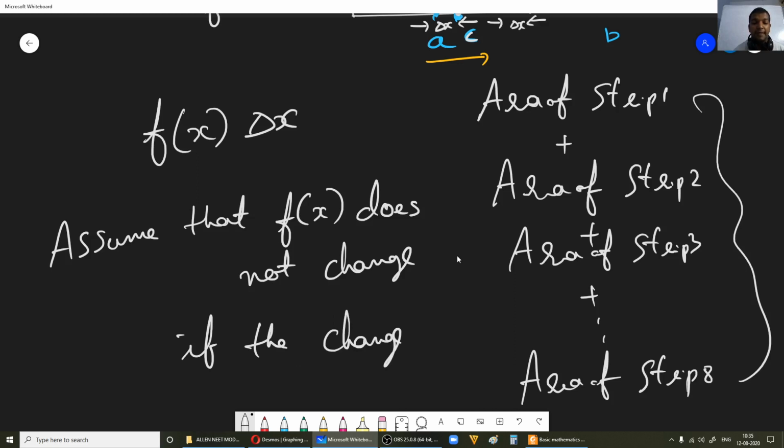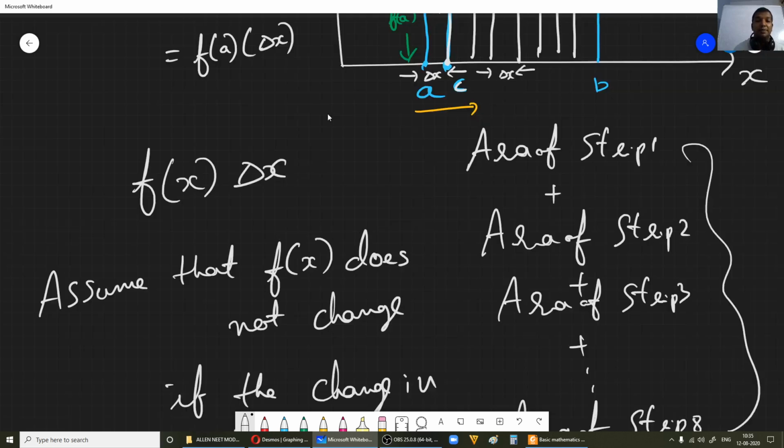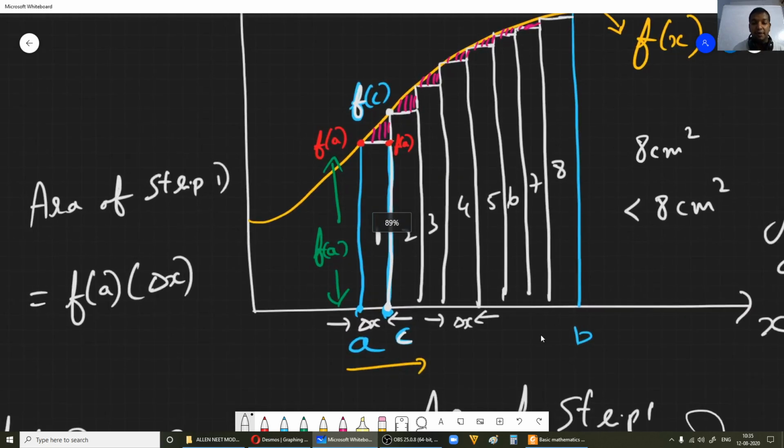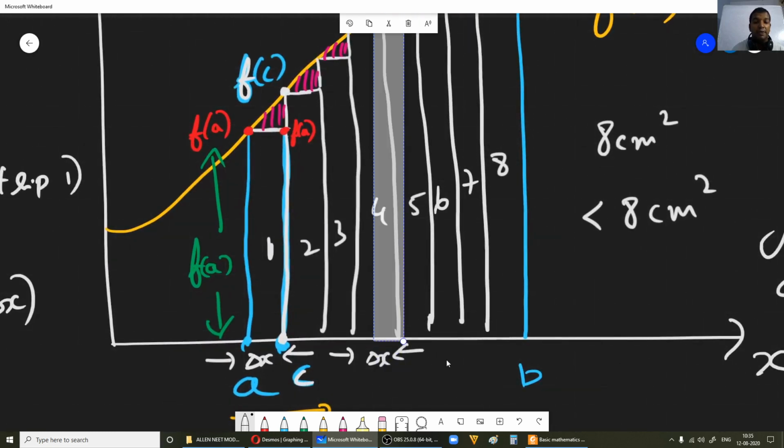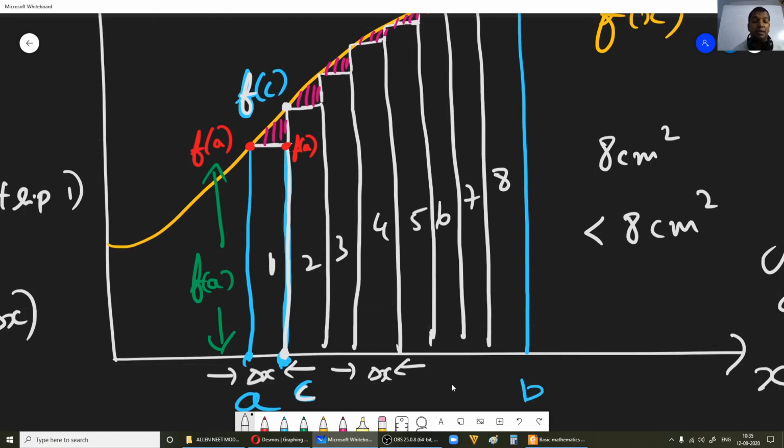What it means is, let us take strip number 3 for example. When the x value changes from this point to this point, let me take 2 more points here, point P and point Q. Delta x is simply q minus p.